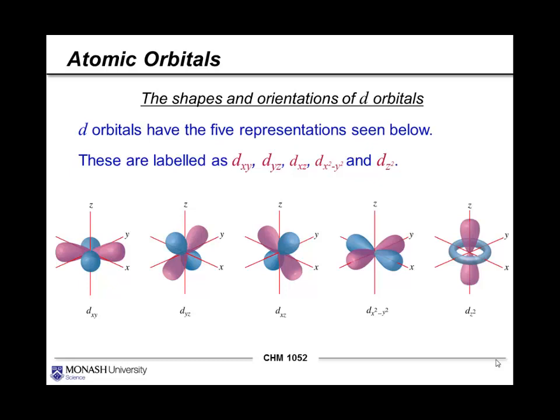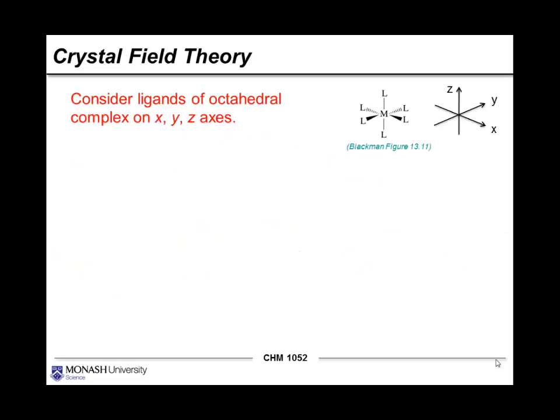And hopefully you recognise these shapes here. These are the 5 d orbitals: dxy, dyz, dxz, dx squared minus y squared, and dz squared. Now let's consider the ligands on an octahedral complex lying on the x, y, and z axes.